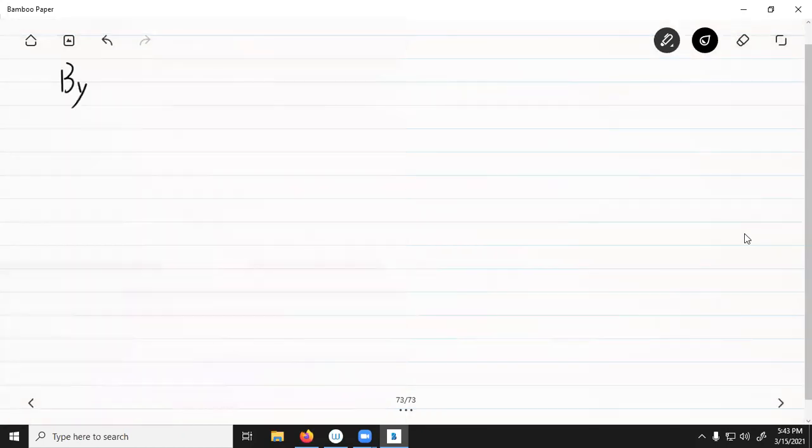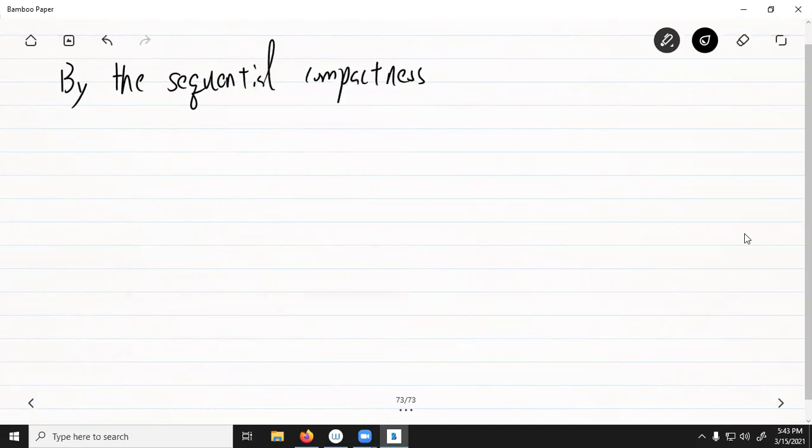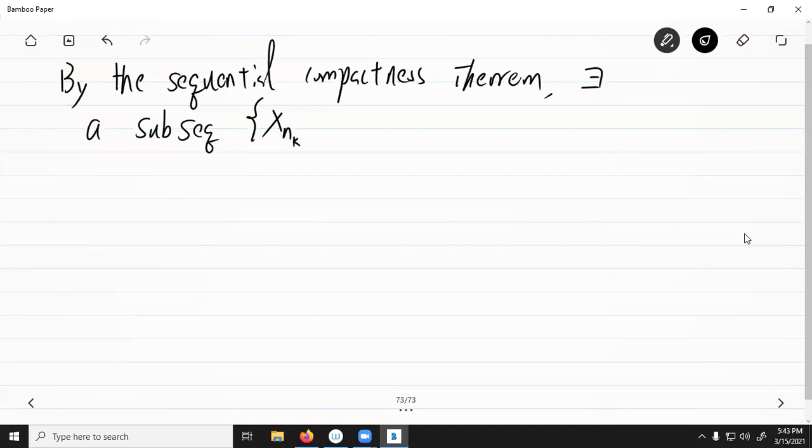So by the sequential compactness theorem, there exists a subsequence, which is Xn sub k in the original sequence Xn, such that Xn sub k will converge to X0 when k approaches infinity.